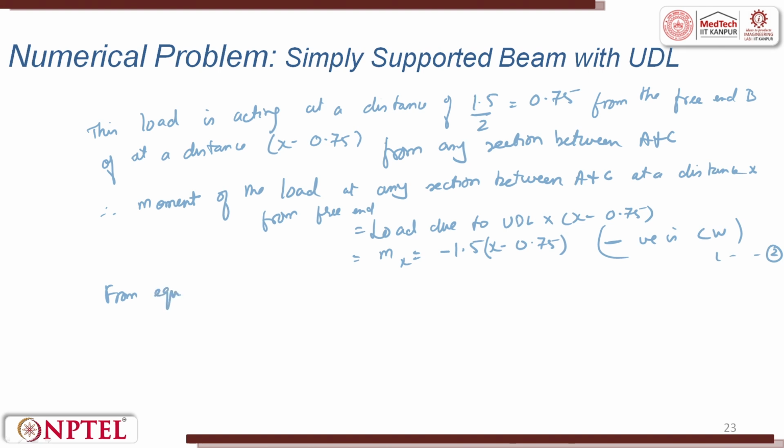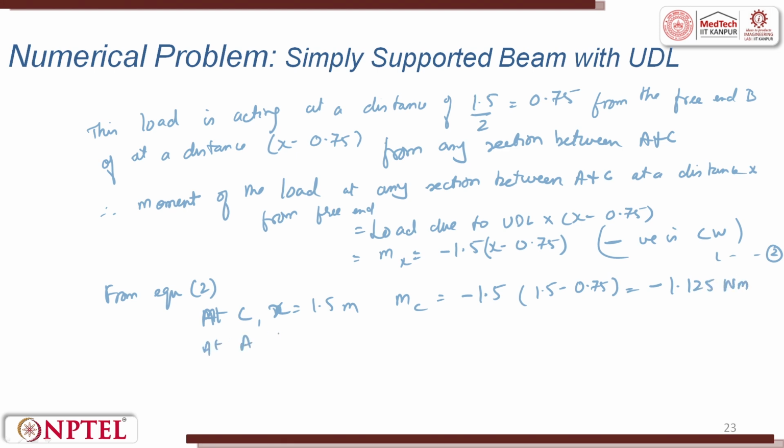From equation 2, we get at C, x is equal to 1.5 meters. So MC is equal to minus 1.5 into 1.5 minus 0.75, which is minus 1.125 Newton meter.